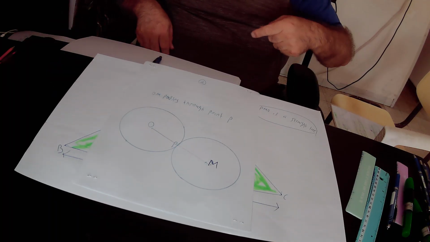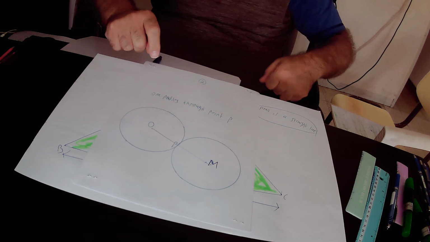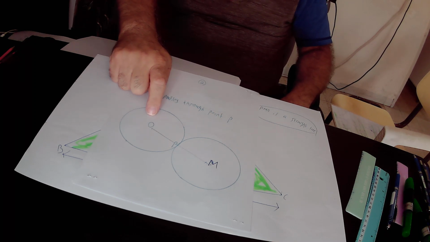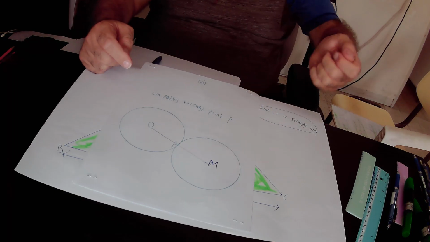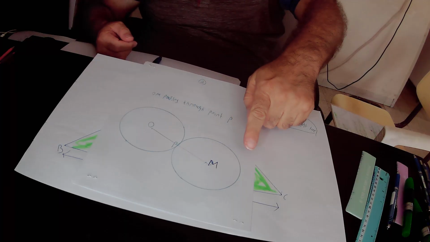In the drawing, we have those two circles that touch each other externally at point P. Point O is the center of this circle, point M is the center of this circle. The straight line that connects the circles together is of course the straight line OM.